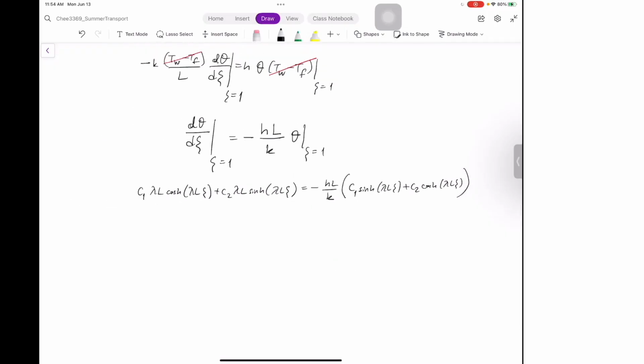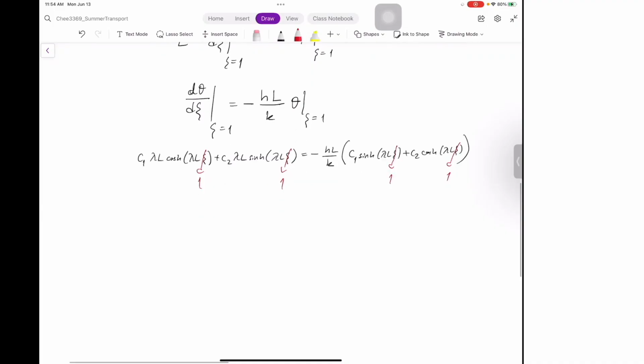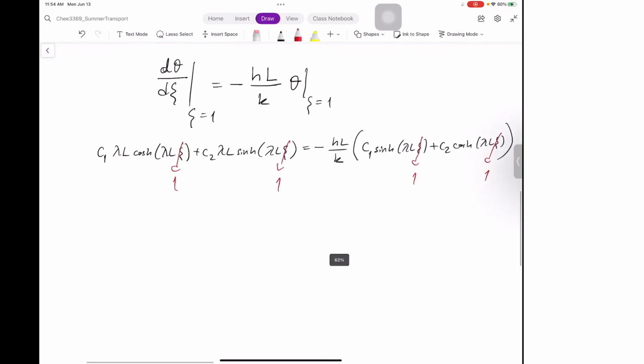And you plug in psi equal to 1 here. C2 was 1 from the first boundary condition, from BC1.